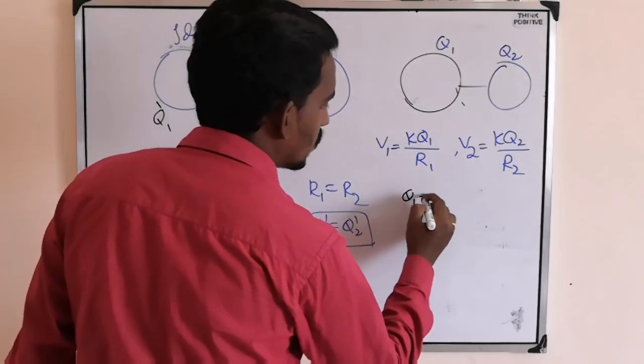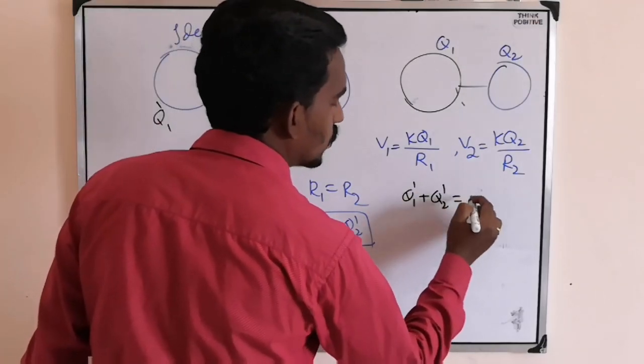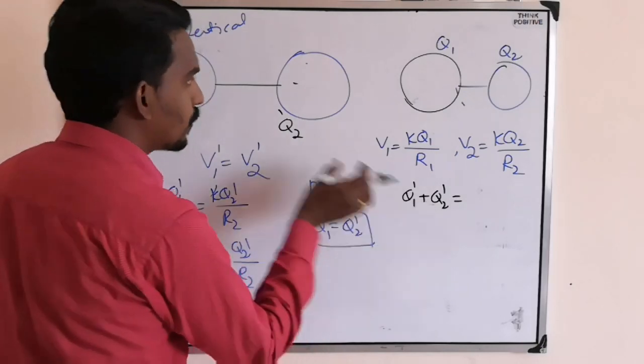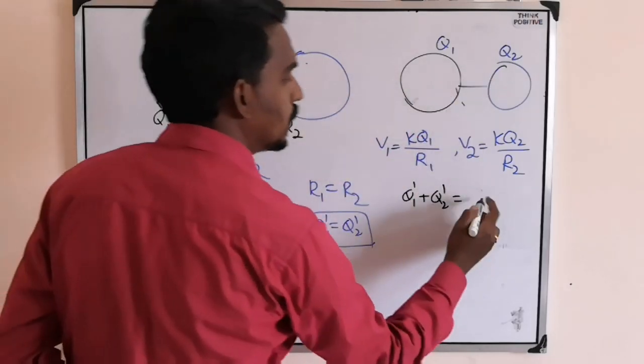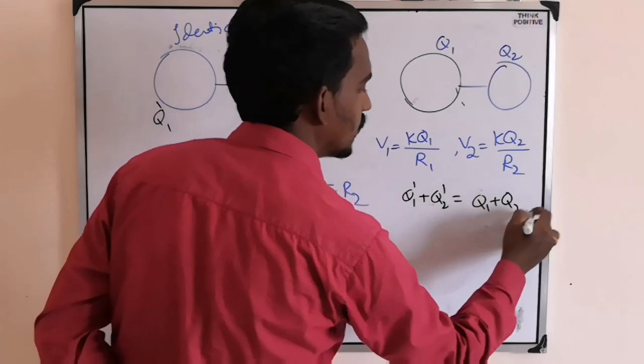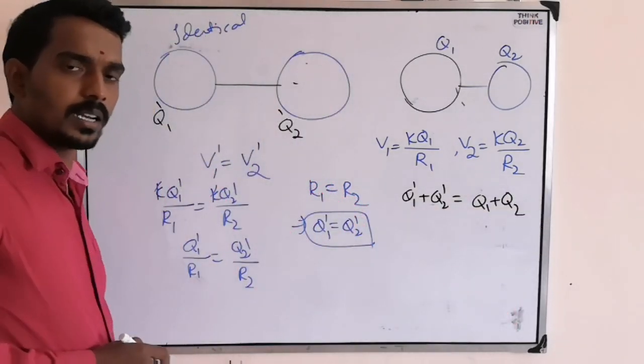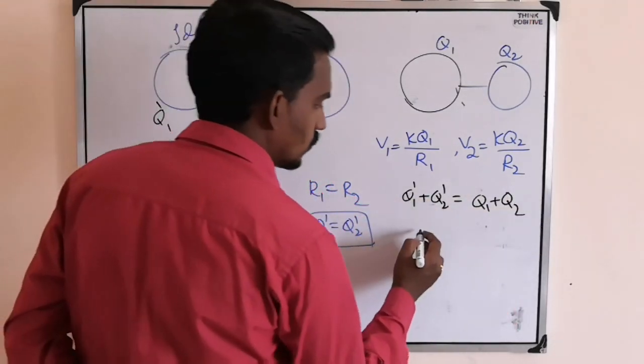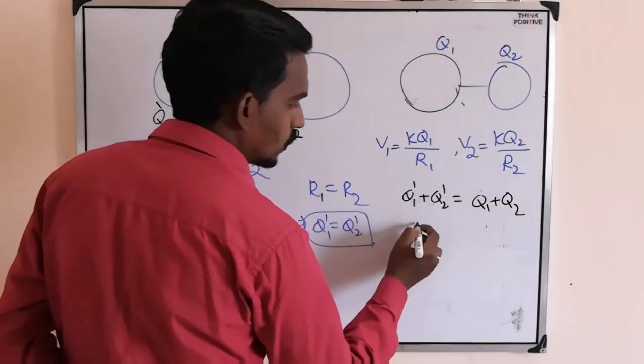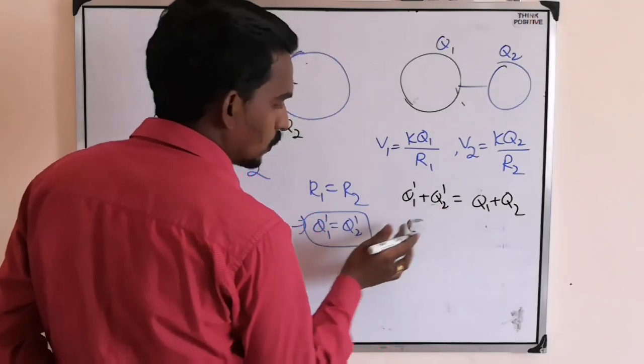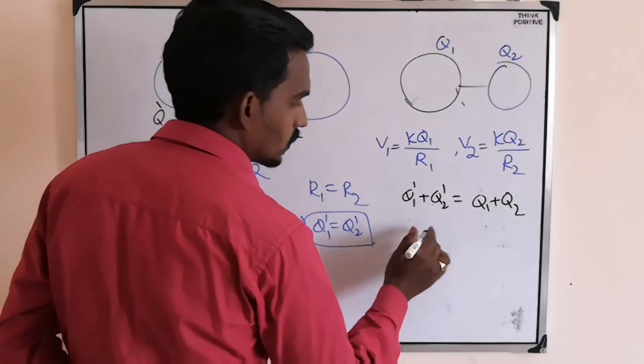Here q1 dash plus q2 dash, the sum of final charges must be equal to the sum of initial charge, because charge is conserved. Now q1 dash equal to q2 dash, so q2 dash I can write as q1 dash.